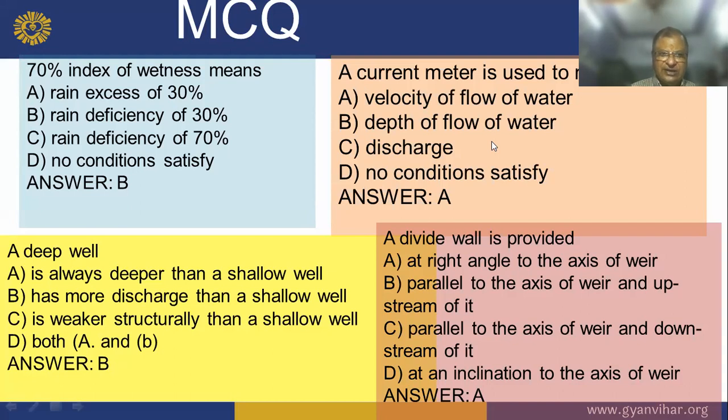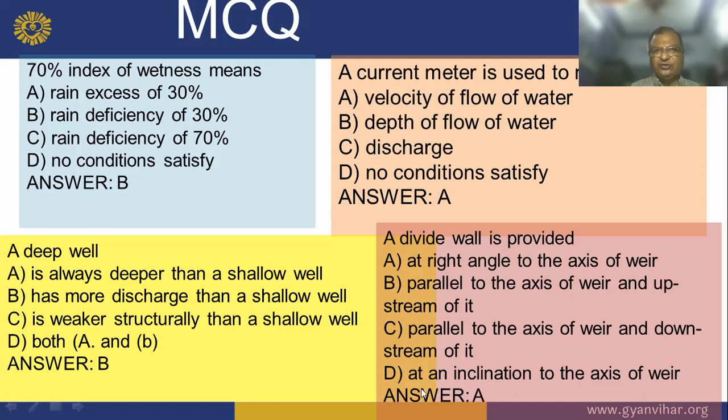Now a deep well is always deeper than a shallow well. So which is the correct answer? Correct answer is B, has more discharge than a shallow well.